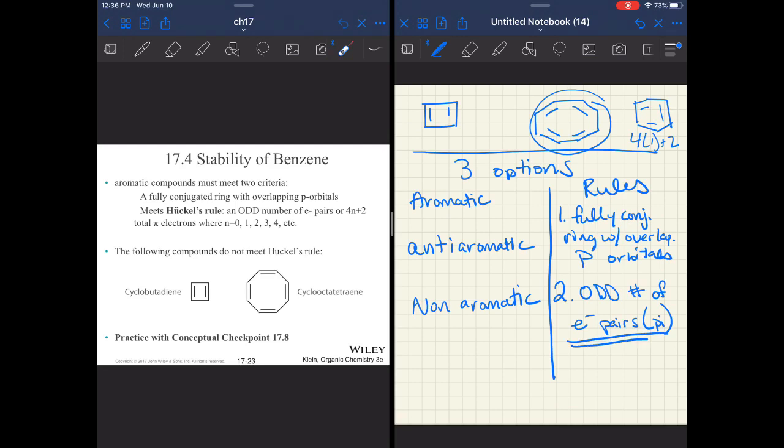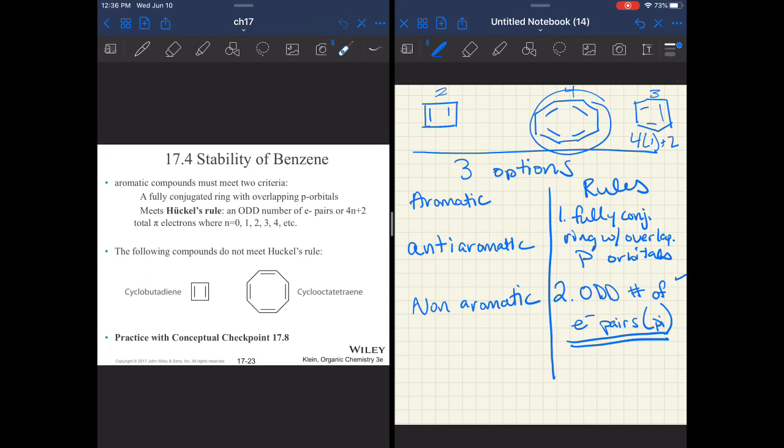I stick with this: if you have an odd number of electron pairs, it's necessary to be aromatic. So, for instance, benzene has 3 pairs of pi electrons. That's odd. Cyclooctatetraene has 4. That's even. And then 2 for cyclobutadiene, even again.